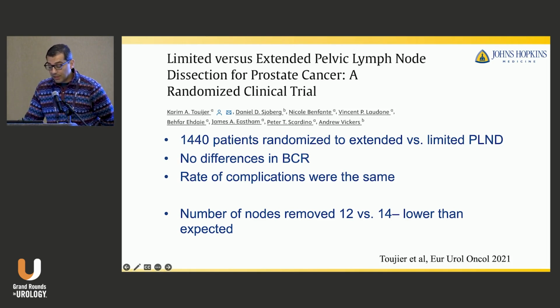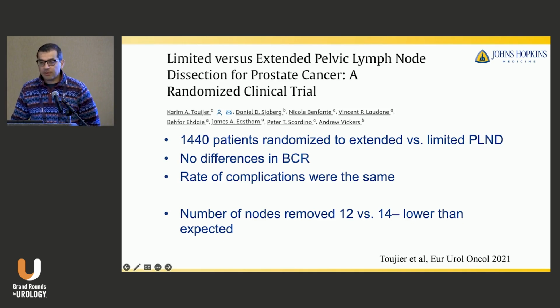The rate of complications were the same, and while randomized, the number of nodes removed for the limited was 12 lymph nodes, and the number of lymph nodes removed in the extended was 14 lymph nodes, which just seems lower than expected. So perhaps there wasn't rigorous quality control in how these lymphadenectomies were performed.